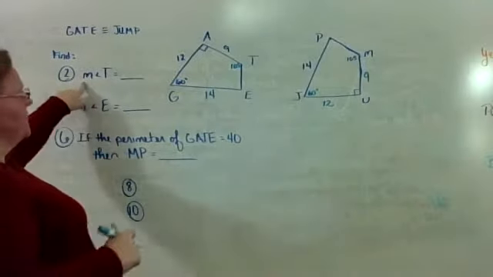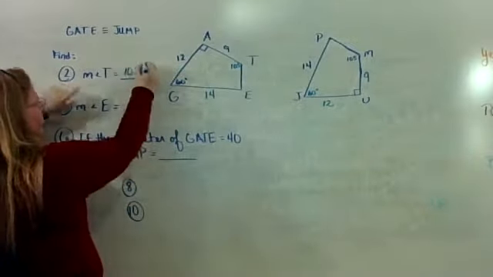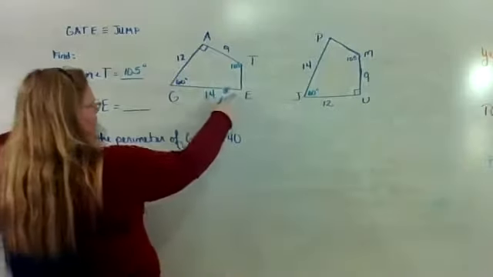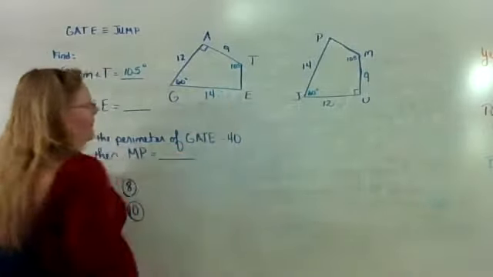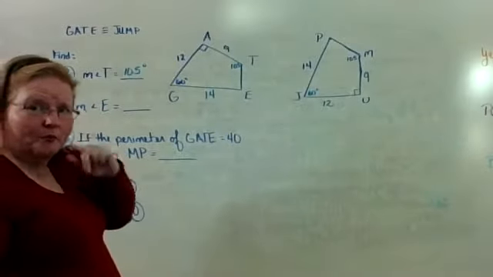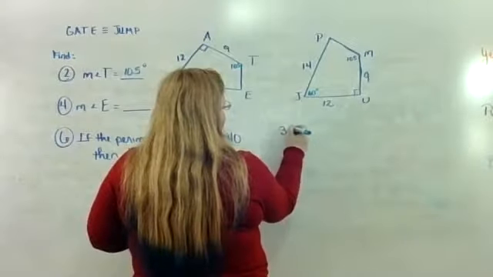The measure of angle T, we said, was 105. The measure of angle E, we don't know. That's a little disconcerting, except I happen to remember that all the angles in a quadrilateral have to add up to 360.